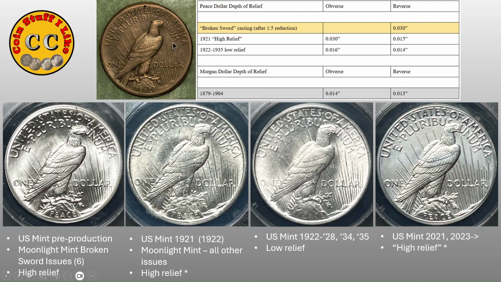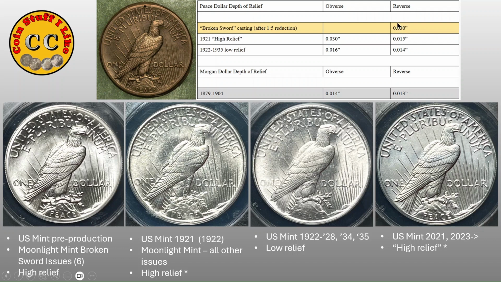Relief being the height from the field to the highest device, or if you're looking at a die, from the surface of the die to the deepest portion of the device.